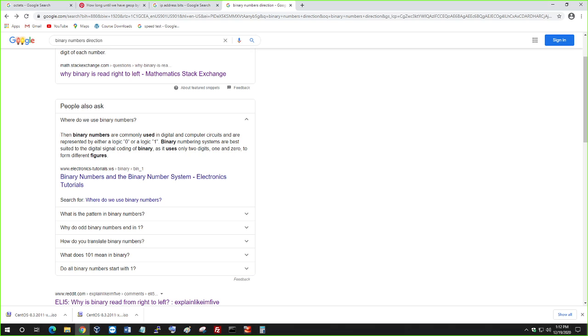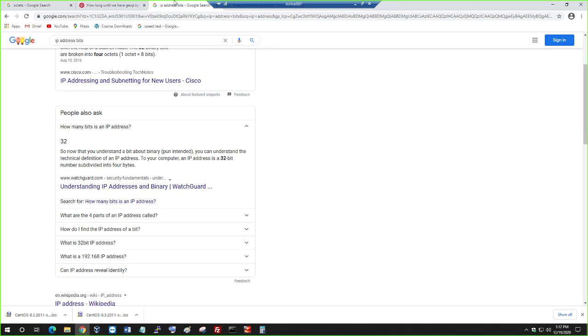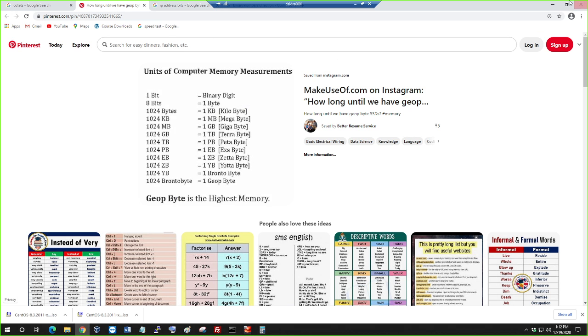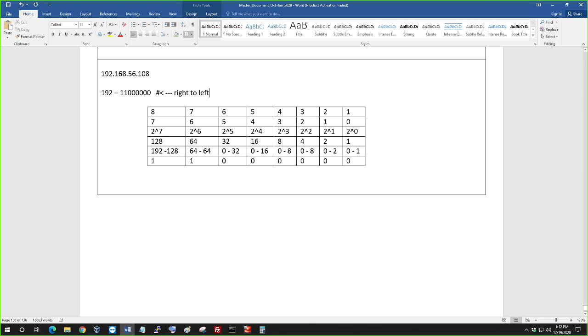Binary numbers are 0 and 1. Okay, whatever. You guys got the idea here, right? The numbers are written from right to left because this is how it's going here. So let's move on to our second number, 168, right?